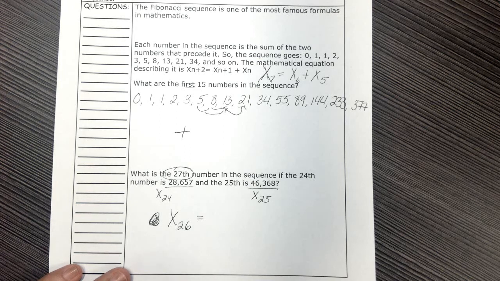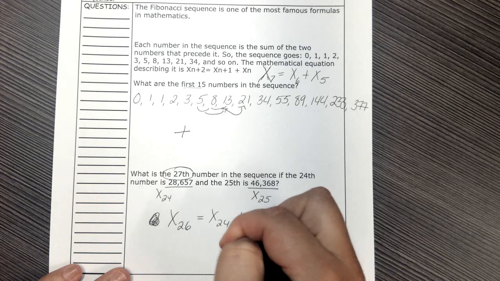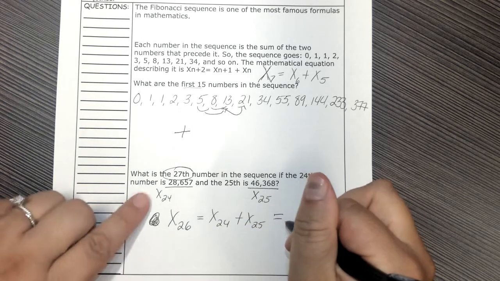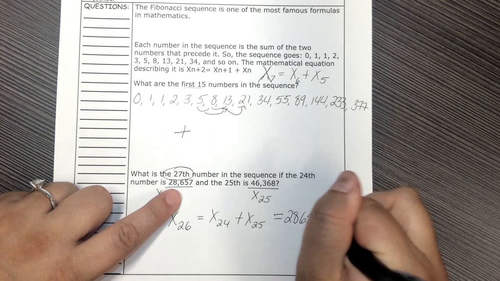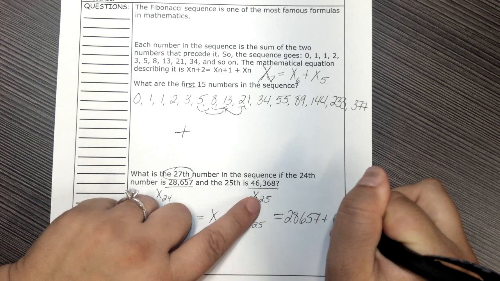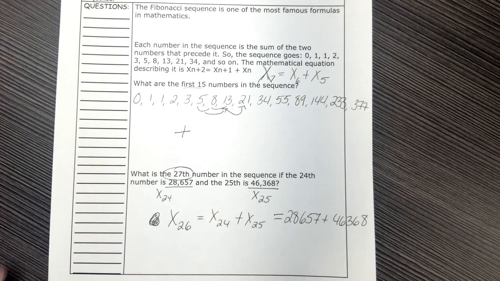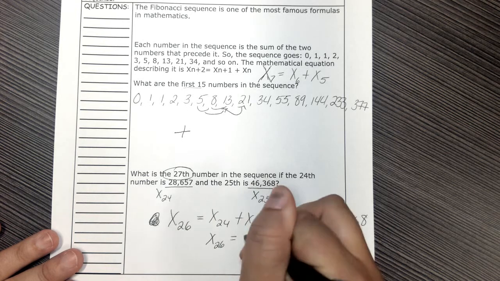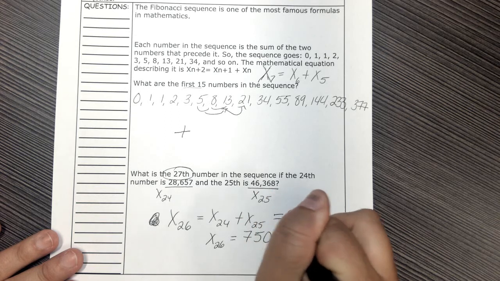I have x of 24 plus x of 25, which is 28,657 plus 46,368. So x of 26 would equal 75,025.